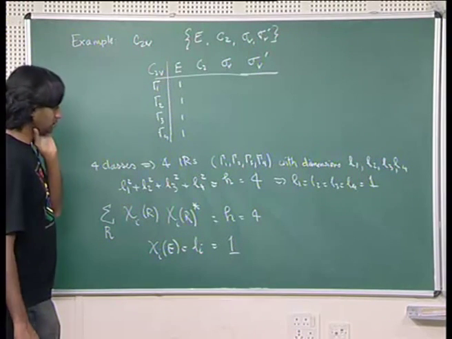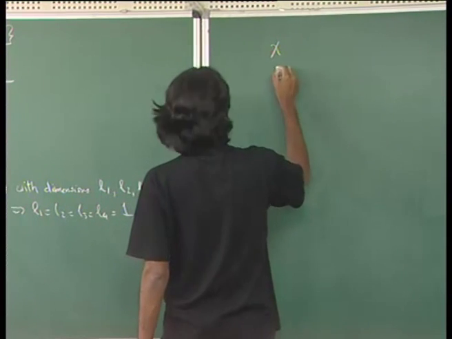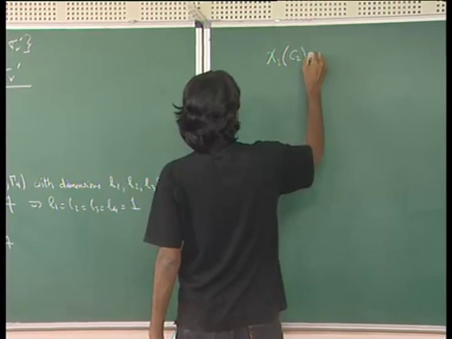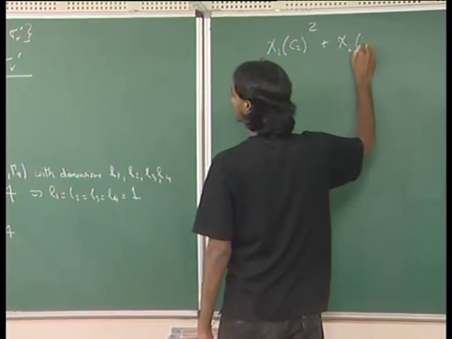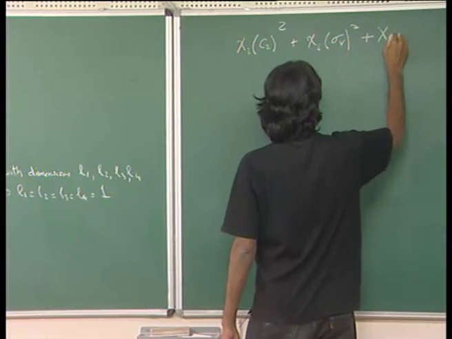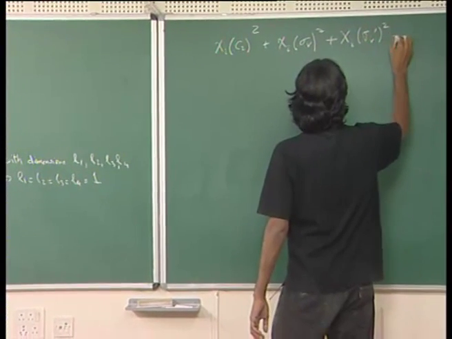So, suppose you choose chi I of C2 square plus chi I of sigma V square plus chi I of sigma V prime square equal to 3.